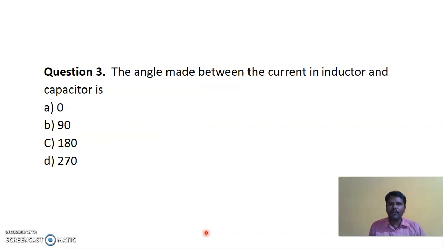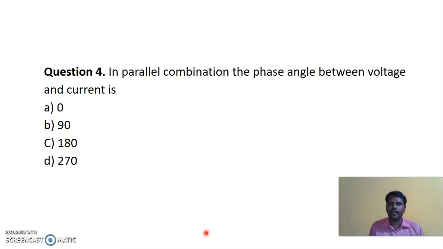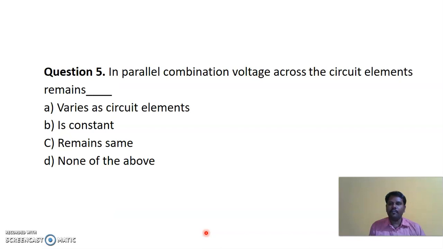The angle made between the current in the inductor and the capacitor is 180 degrees. In a parallel combination, the phase angle between voltage and current is 0. In a parallel combination, the voltage across the circuit elements remains the same.